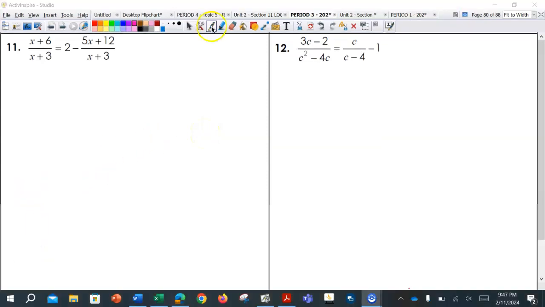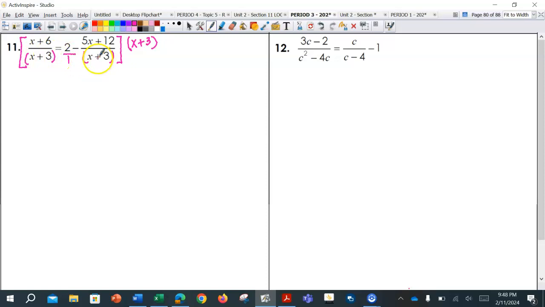Okay. So as I mentioned before, when we want to eliminate the denominator, we are going to multiply by the greatest common factor. In this case, remember, I will always put parentheses between the denominators. The common denominator should be x plus 3, right? Remember that under the 2 is a 1.